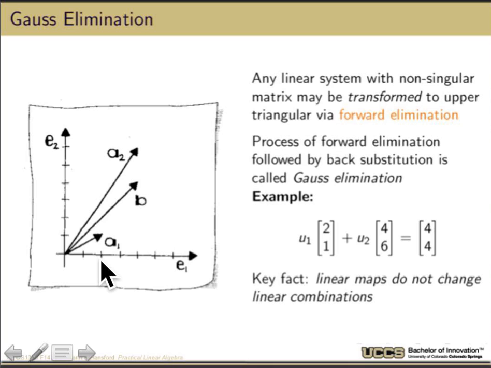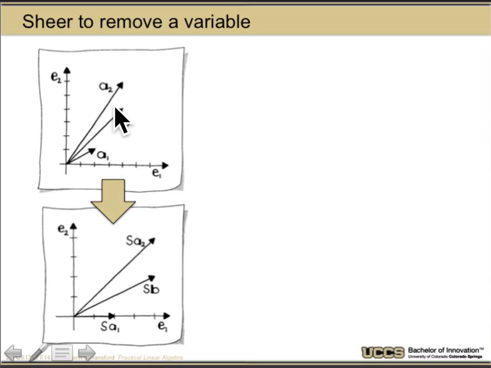And a very important fact for this chapter, you have to remember this, it will be on quizzes, midterms, or exams: linear maps don't change the linear combination. So if I multiply both sides of this equation by a matrix, I'm not going to change my solution.